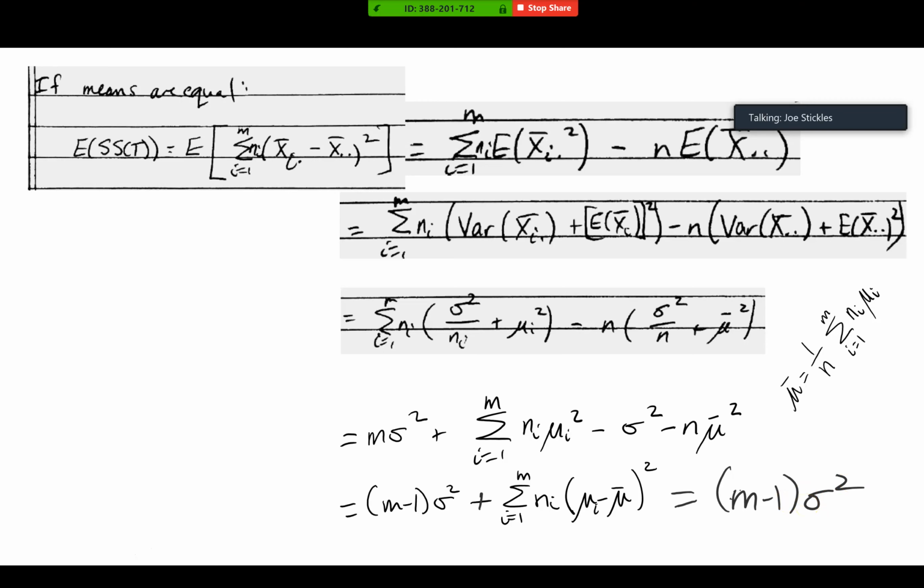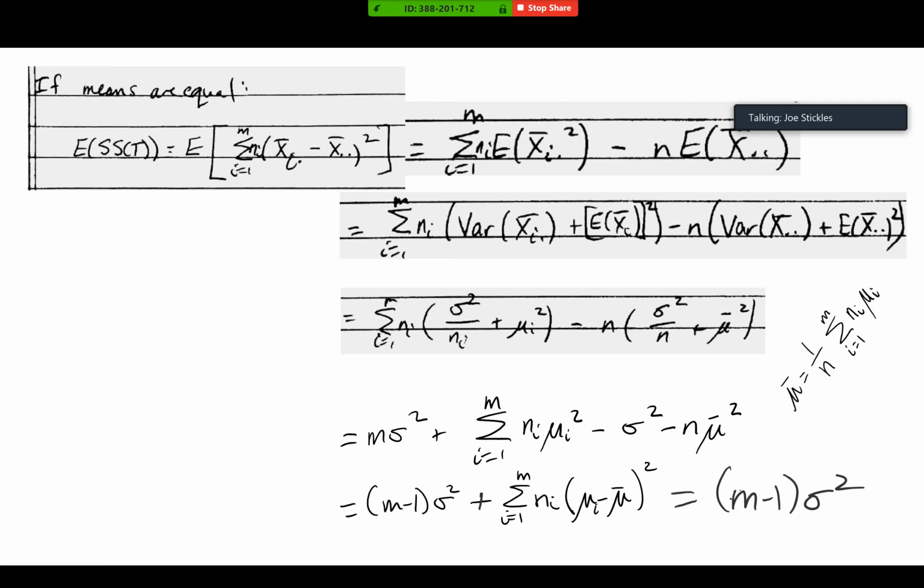We already know that our error sum of squares, our SSE, has a chi-squared distribution with n minus m degrees of freedom. The mean of a chi-squared distribution is the degrees of freedom, the n minus m.